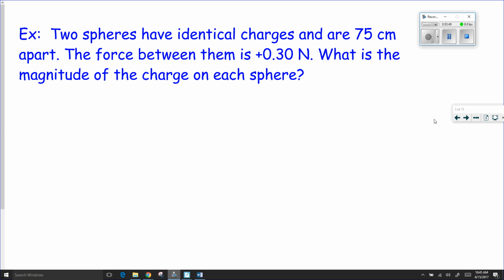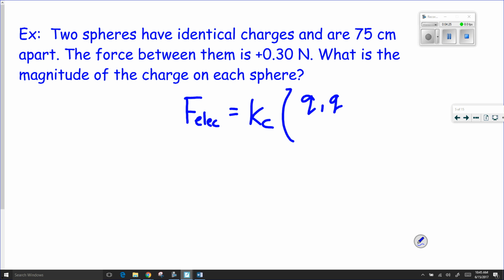Let's look to see how Coulomb's law will be used in an example problem. Two spheres have identical charges that are 75 centimeters apart. The force between them is positive 0.3 newtons. What is the magnitude of the charge on the sphere? So let's fill this out. We've got Coulomb's law: electric force equals Coulomb's constant times charge on one, charge on the second, all divided by radius squared.